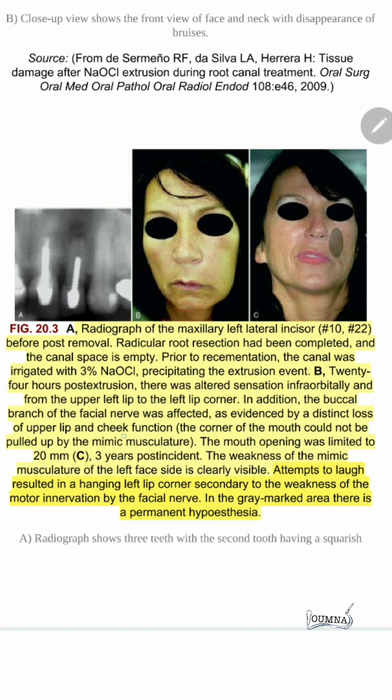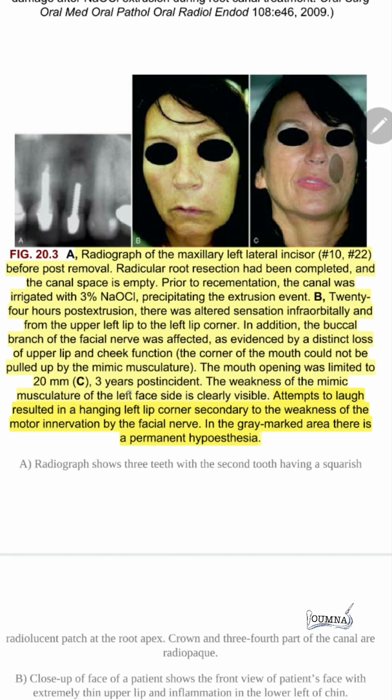So she lost her cheek function and upper lip function as well. This picture is 3 years after the accident, and the weakness is clearly visible. She did not recover after this accident, and it became permanent damage.